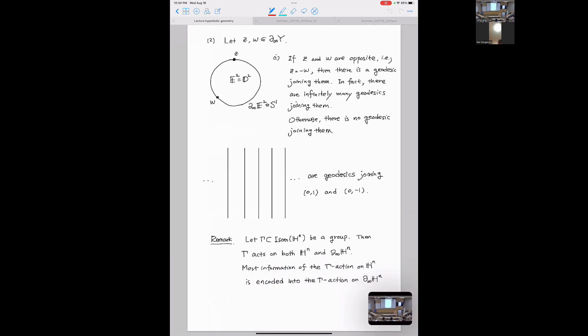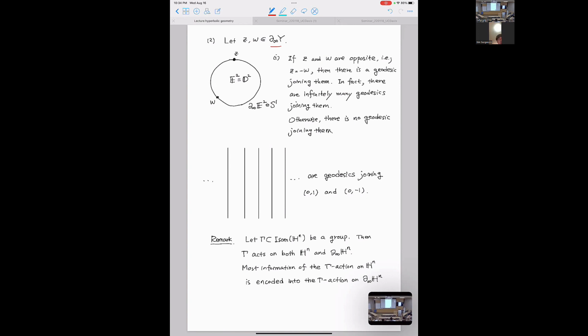Also, in delta hyperbolic space, if you have two distinct points on the boundary, then there is a bi-infinite geodesic joining them. But here the situation is already quite different.